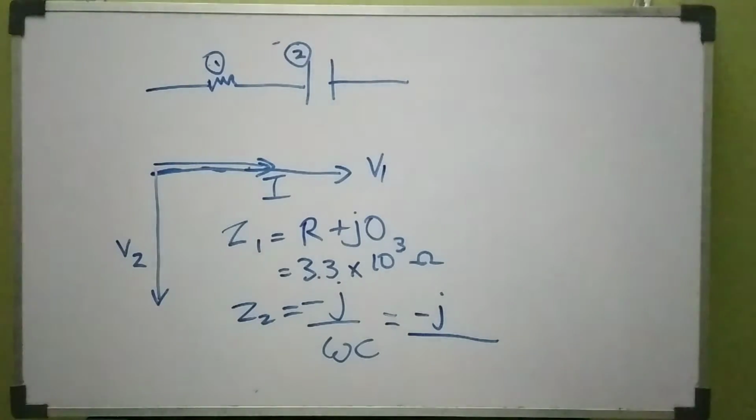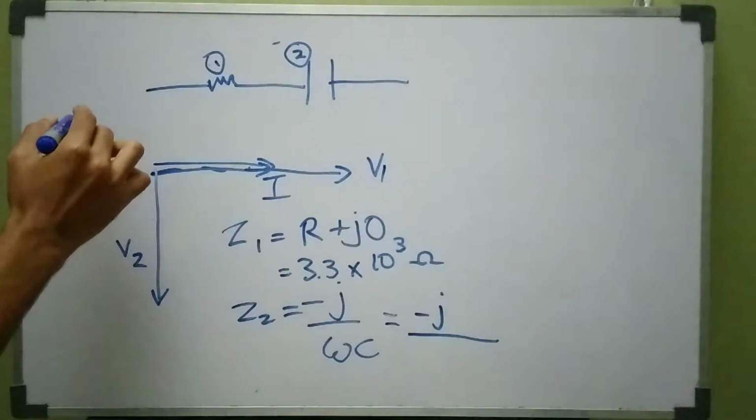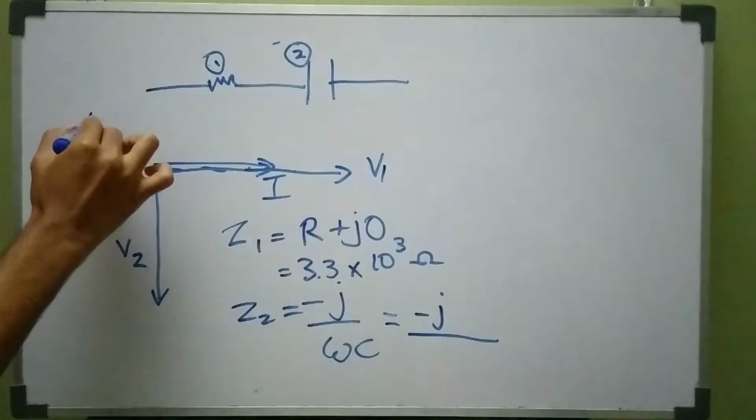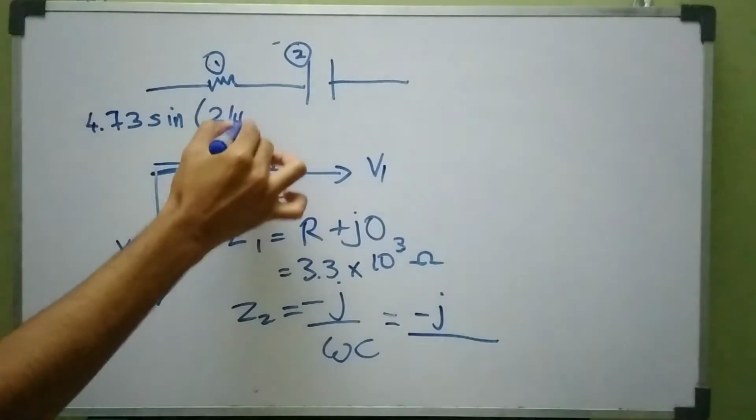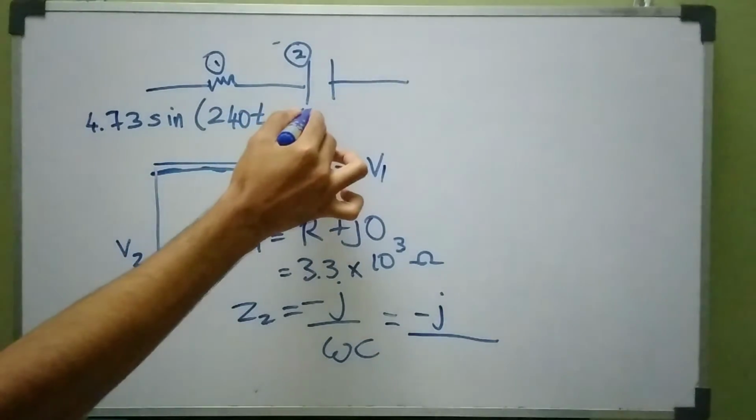However, we know that the format of any I or V is equal to the maximum value of the voltage and the sine part, or the maximum value of the current and the sine part. They have given into the sine part, omega t plus phi. As I have already written, 4.73 sine 240t plus 75.